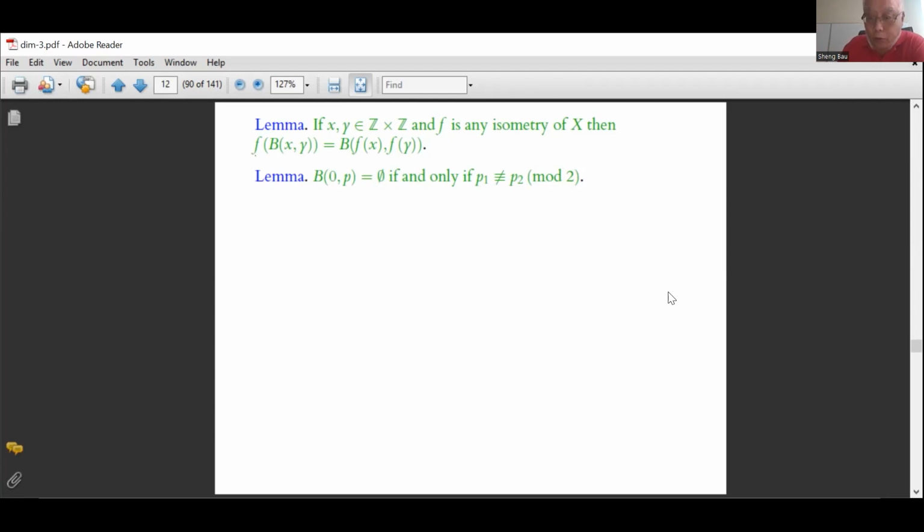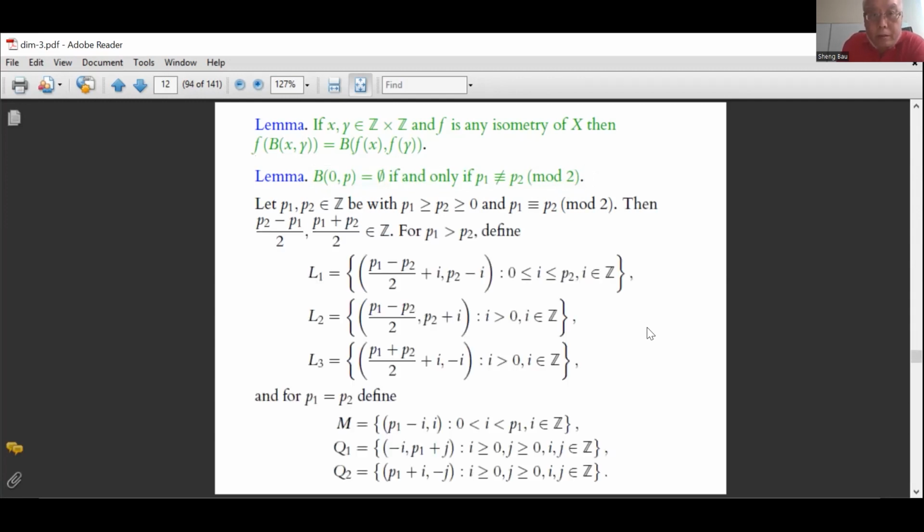This is very easy to notice. And of course, this result can also be proved for finite graphs as well.